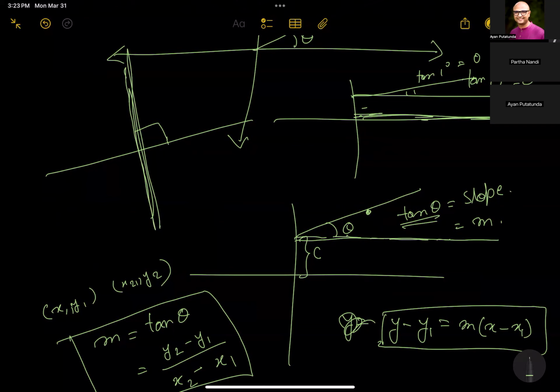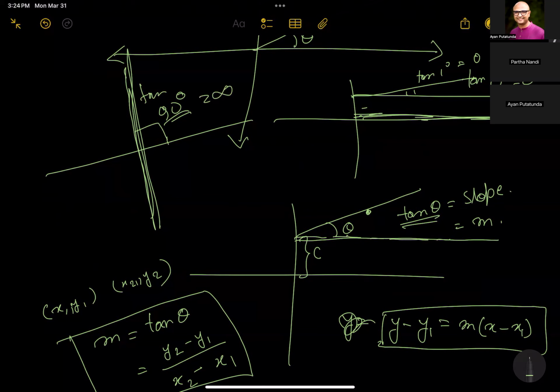This line is never going to meet the x-axis, it is perpendicular to x-axis, right? This is 90 degree, correct? So tan of 90 degree is nothing but infinity, correct?